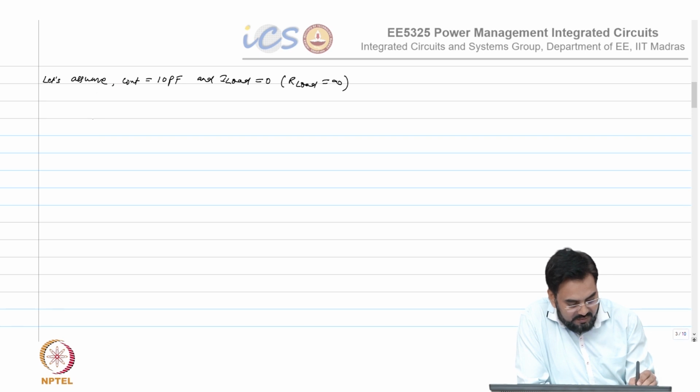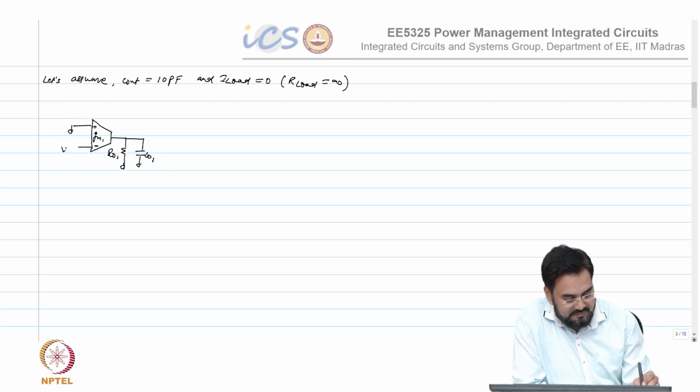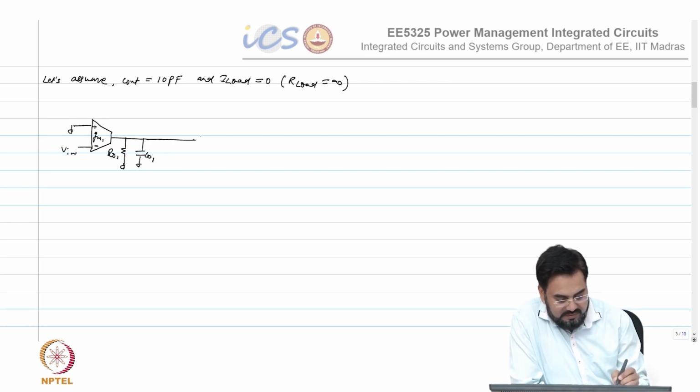So I'll just simplify the diagram. The first stage I can draw like this. I'll call it RO1, CO1, this is grounded, plus minus. And then the second stage you have this power FET.